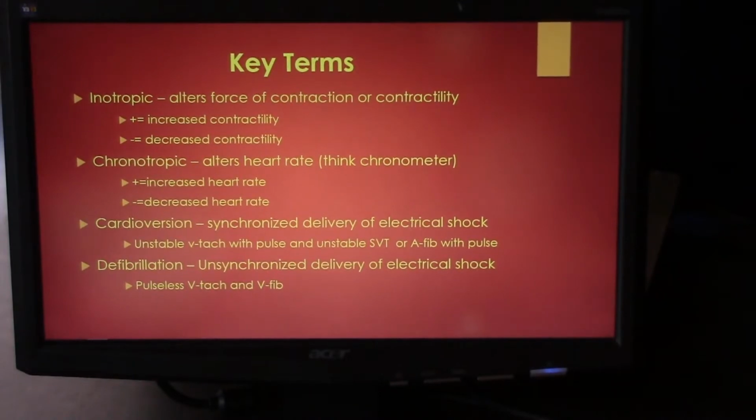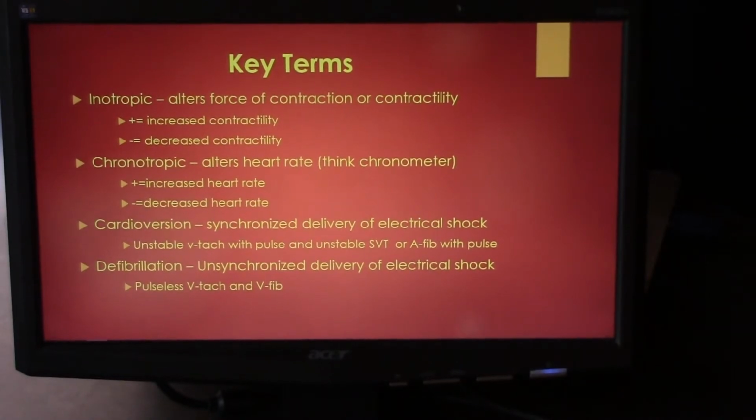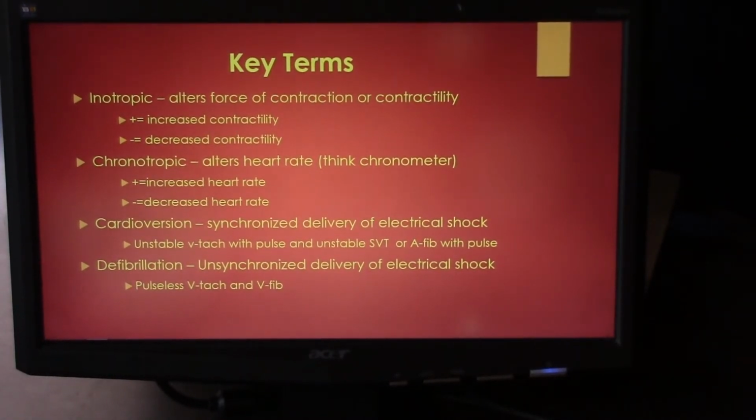There are differences also when you're talking about electrical therapy and cardioversion versus defibrillation. When you cardiovert a patient, you're going to give a synchronized delivery of an electrical shock. In other words, you're going to attach the EKG electrodes from that monitor/defibrillator, and when you press the buttons to deliver that current, the machine itself will detect the upright QRS complex and deliver the shock on top of that QRS complex.